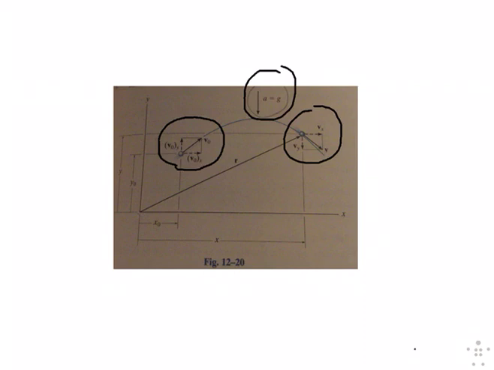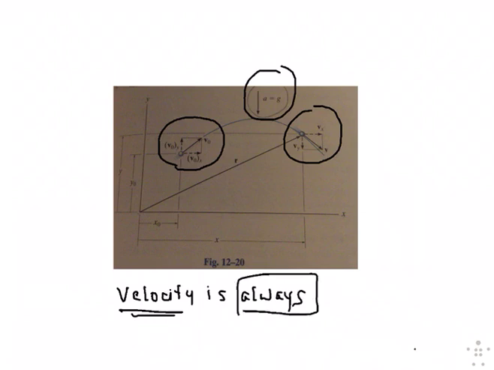Now, you should always note that velocity is always tangent to the path. This is something that's going to be very important as we work through our dynamics problems throughout the semester. So that's very, very important to remember.